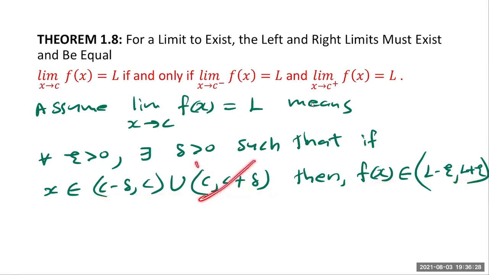Even if I chop this off, it should still be true. If it is true for the bigger set, it should be true for the smaller set. So if x is in c minus delta comma c, then your f of x has to fall in this interval. So even if I chop this piece, your statement should still be valid.